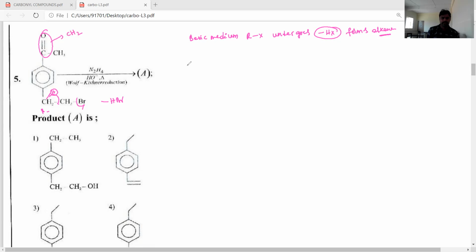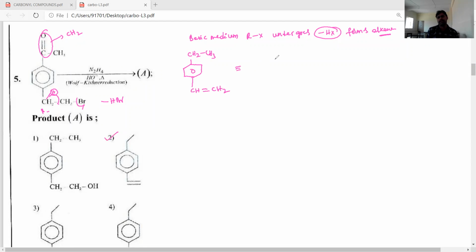Now the resultant product has CH2CH3, and at the para position the ethyl bromide is converted into ethene, CH=CH2. So the resultant answer is the second option.